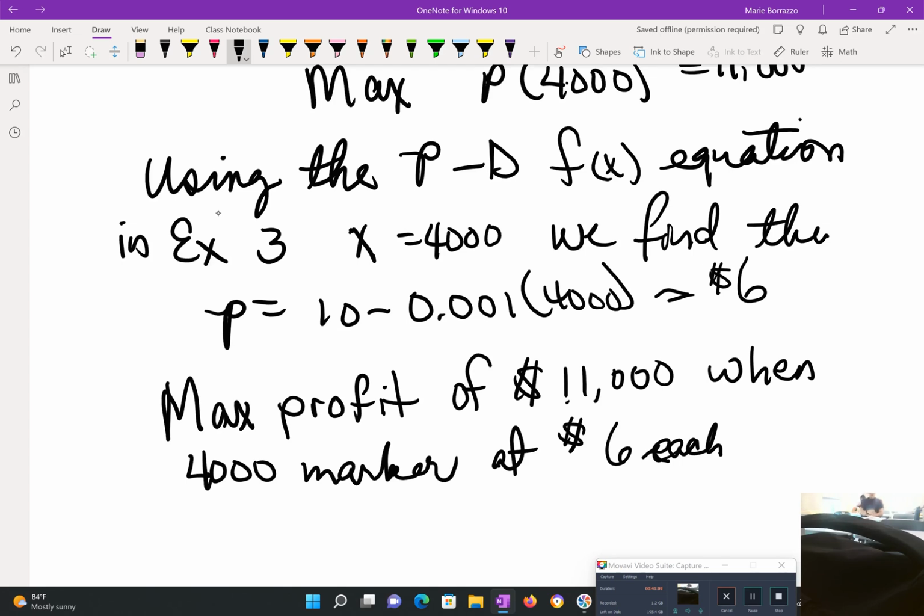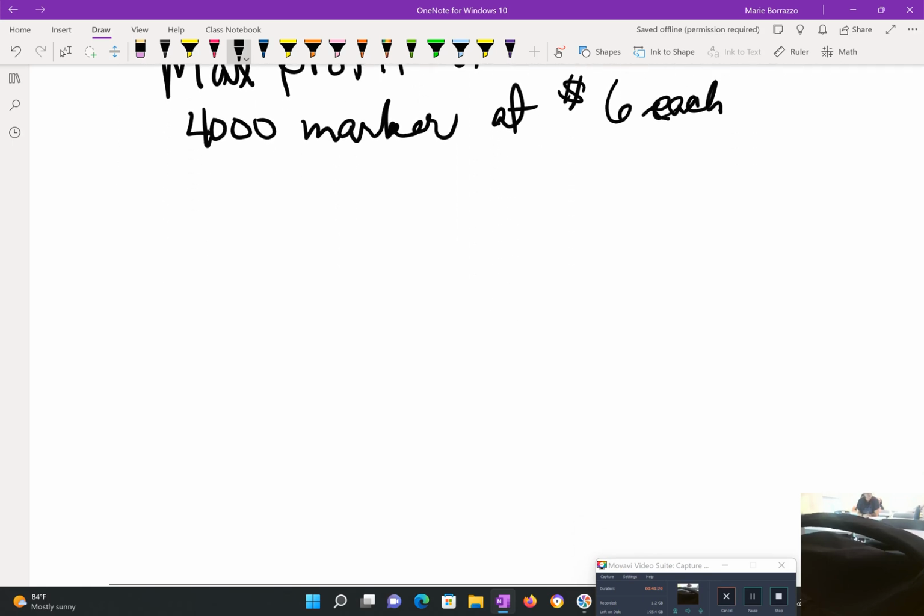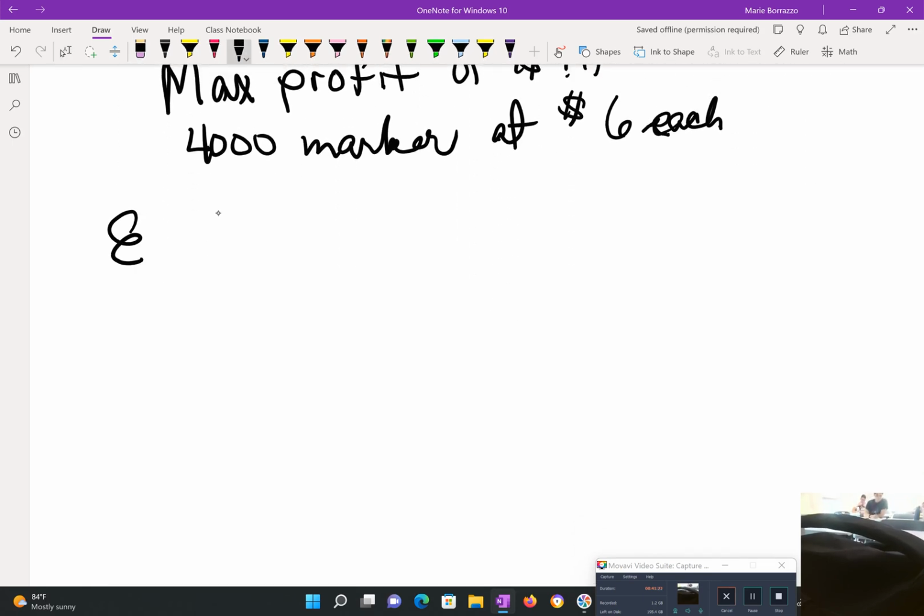So example 5. In example 5, we're also maximizing profit. We're still referring back to example 4, and they're saying in this one that there is a tax.